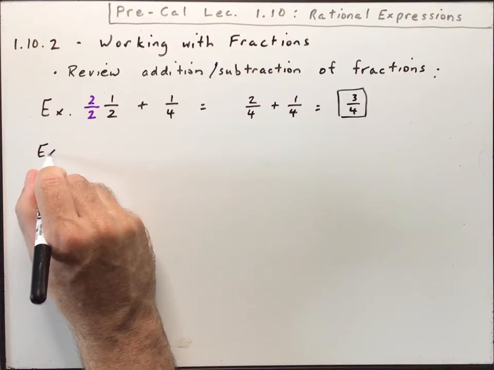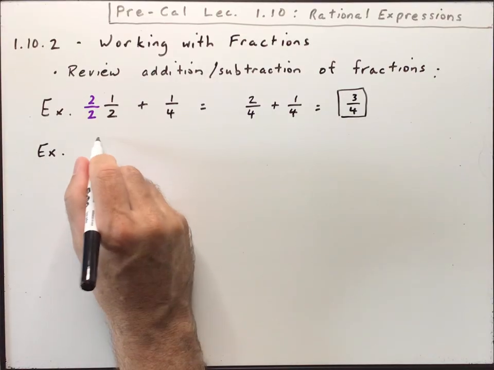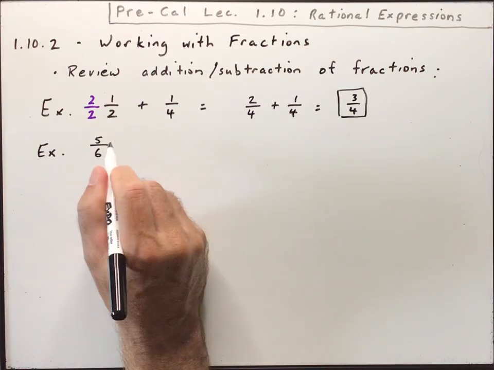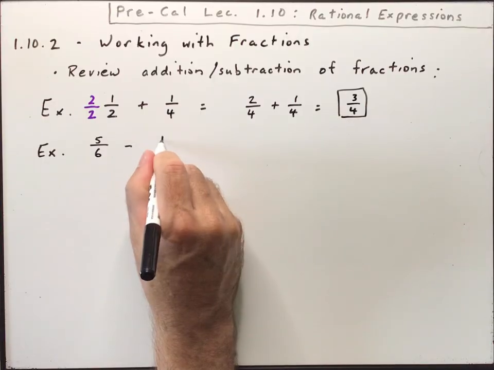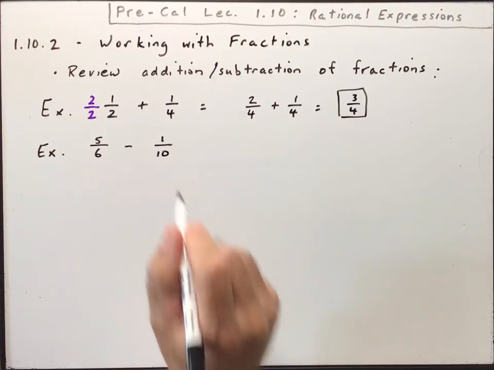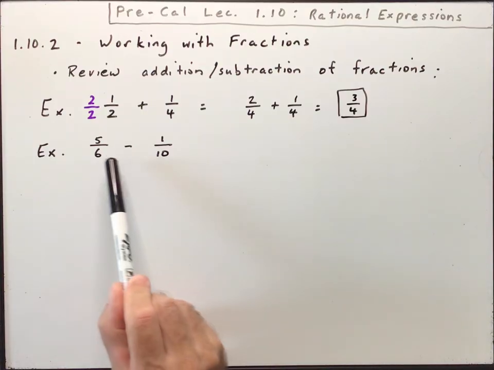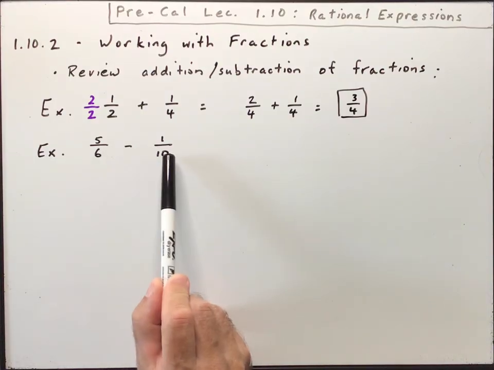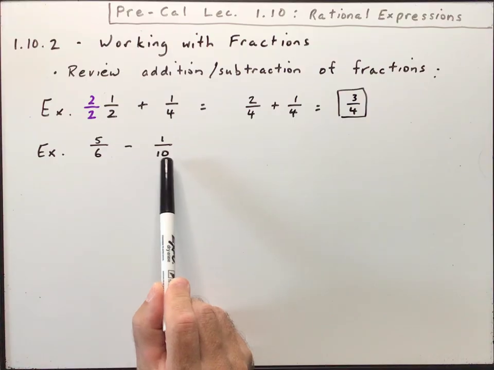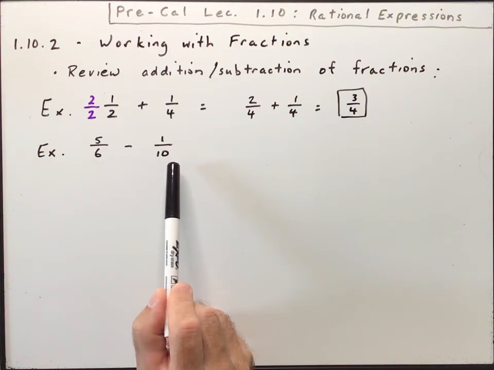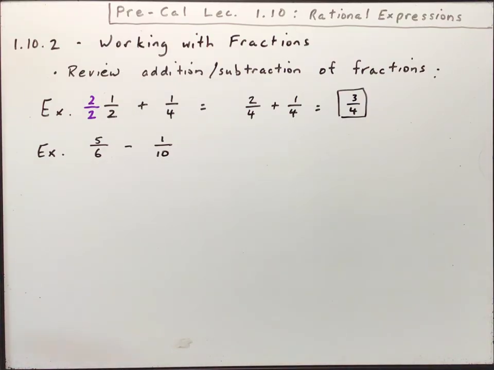So let's do one with subtraction. Let's say we have 5/6 minus 1/10. Okay, so if you don't want to use too much brain power, you can always get a common denominator by multiplying the two denominators together. In this case, that would be 60. But we can probably do a little better than that.